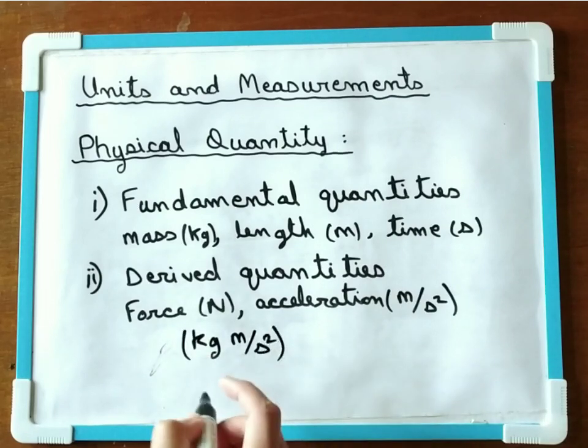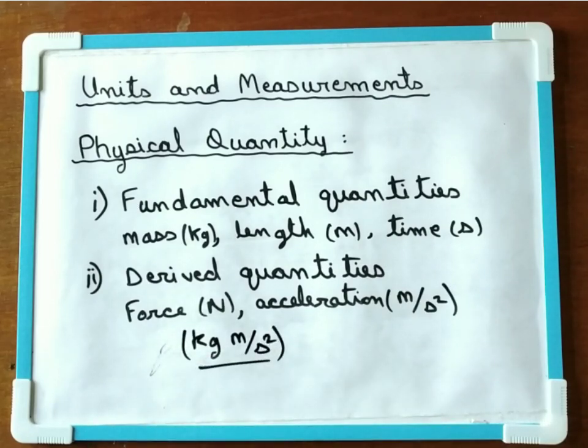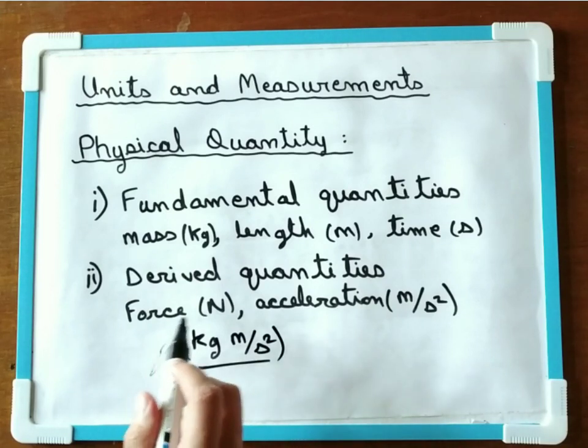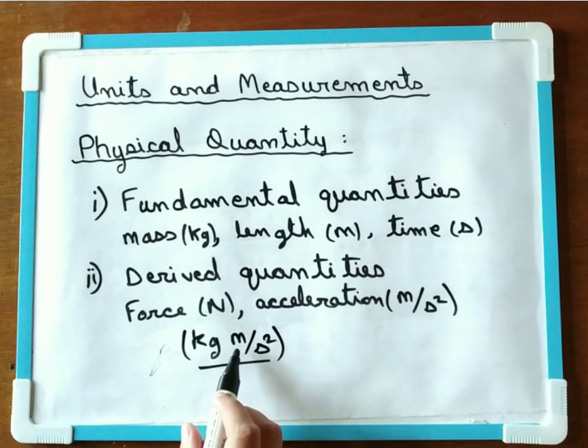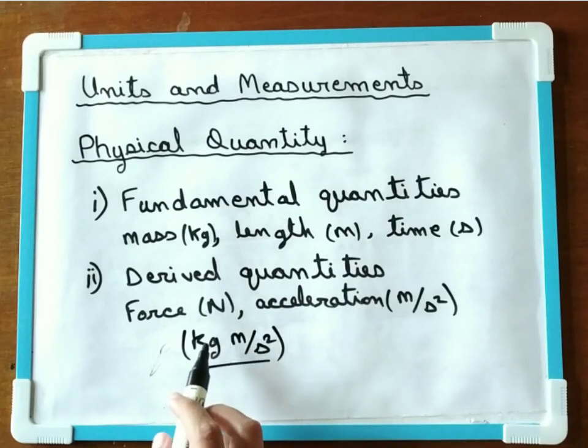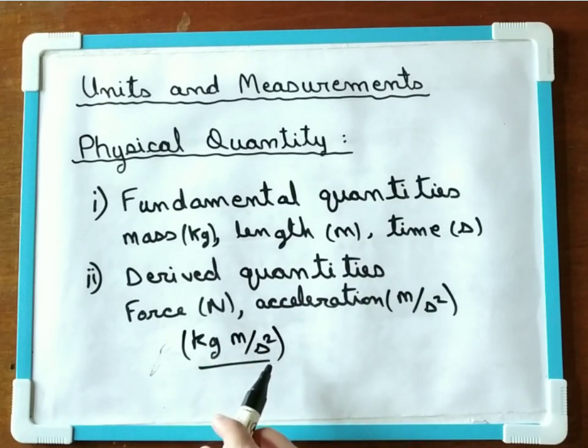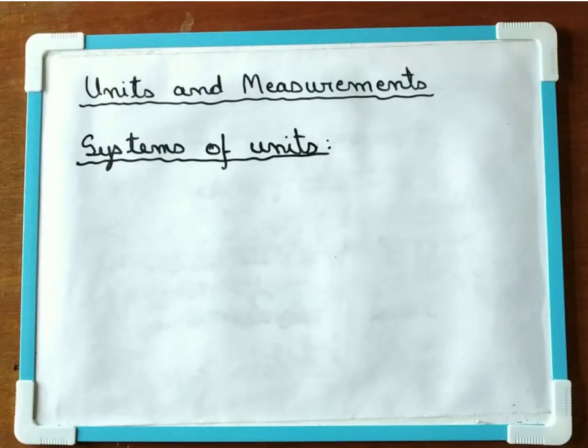So this is another unit for force. Okay, so the unit of force, Newton, can be expressed in terms of kg, meter per second square. These are the fundamental units. Okay, so we have two types of units: fundamental units and derived units. Now there are different systems of units which are being used in different parts of the world. For example, the CGS system.